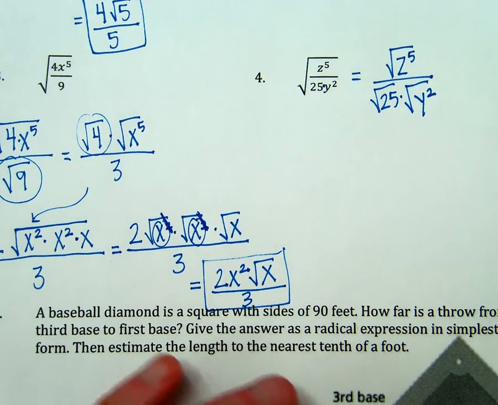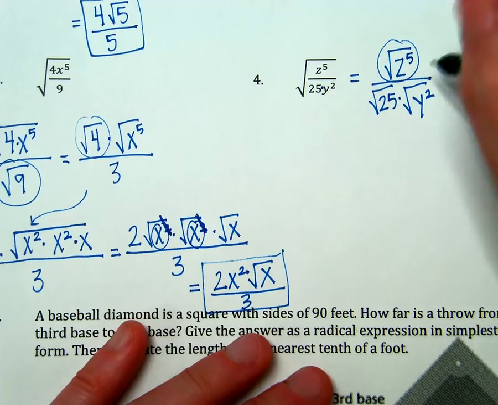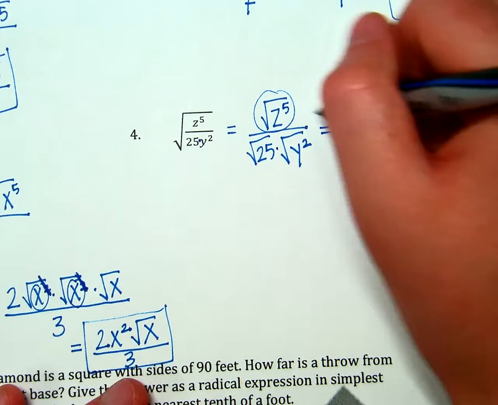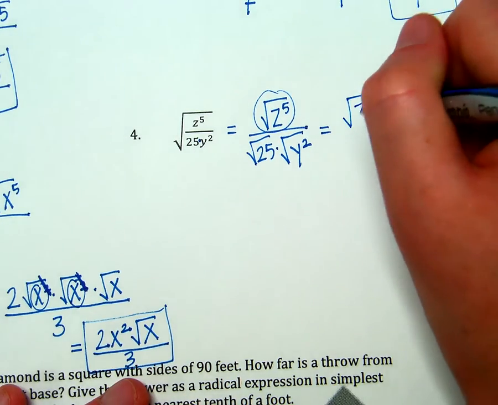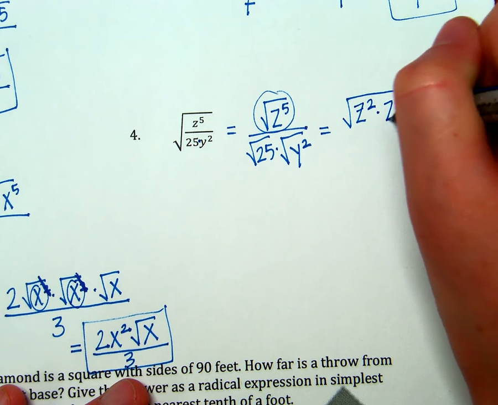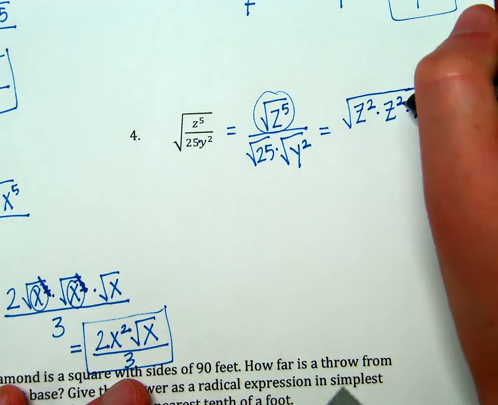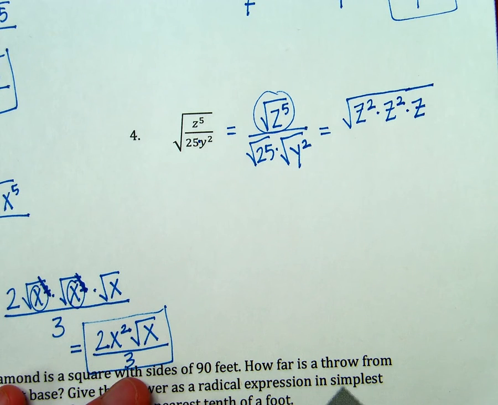We just talked about how to break down a 5th power, so I'm going to rewrite that z to the 5th as a square root of z squared, another z squared, and a 5th z. So that way my exponents add up to 5. You always want to break things down into squares, that way things cancel out for you.